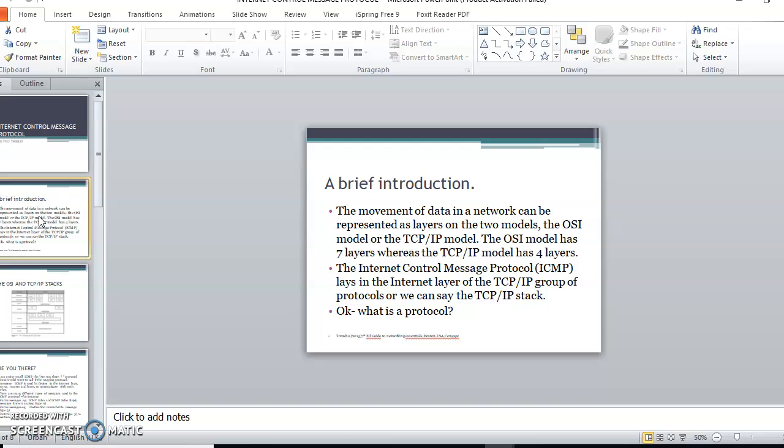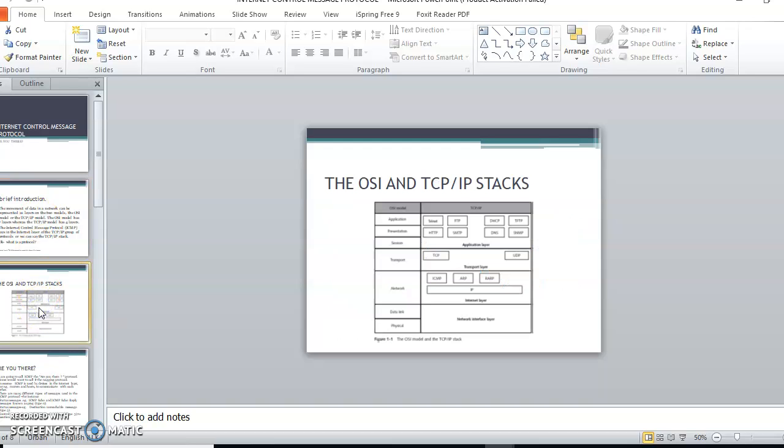I shall now show you the ICMP protocol on the TCP/IP stack. So this is our ICMP protocol right there on the internet layer of the TCP/IP model.